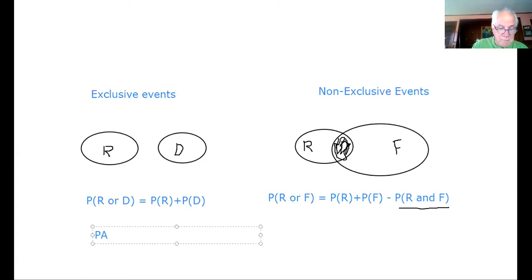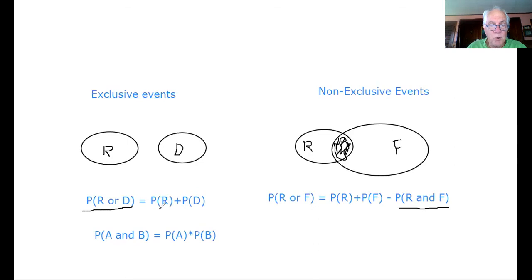Probability of A and B is equal to the probability of A times the probability of B. Up here I'm saying the probabilities: this is an OR probability.